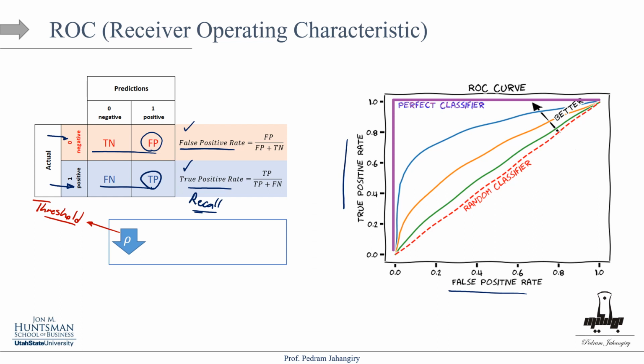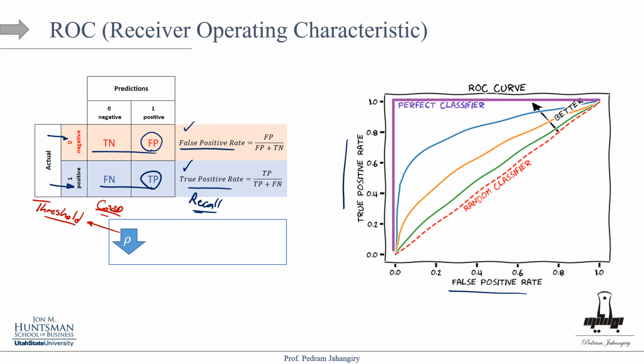So why would we ever want to reduce this threshold? Here's an example, a COVID test result. In order to avoid too many false negatives, you're going to reduce that threshold. You don't want to send out so many false negative patients out there. You don't want to jeopardize the society.